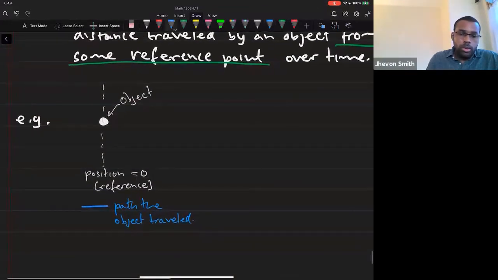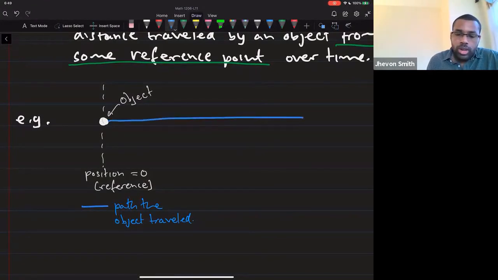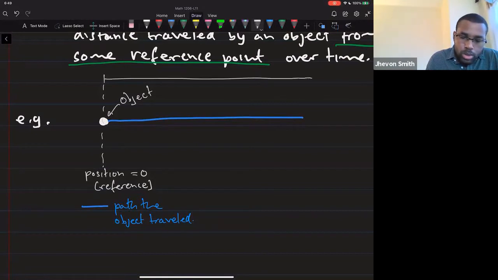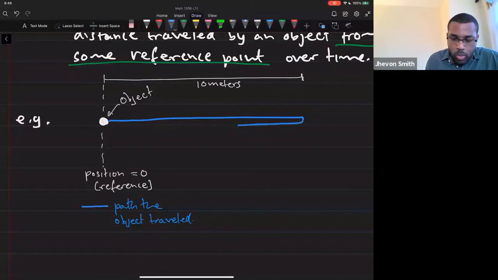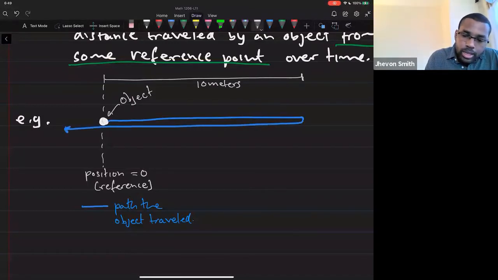Let's say the object went to the right, and it went to the right by, say, 10 meters. And then the object immediately turned around on a dime and went back. And it went past the reference point by 1 meter.